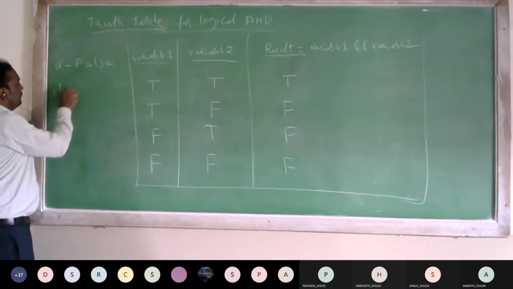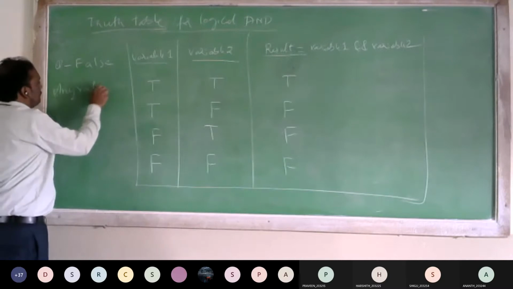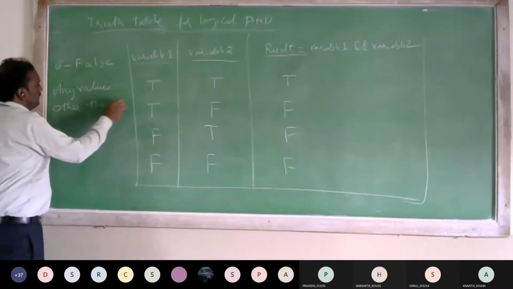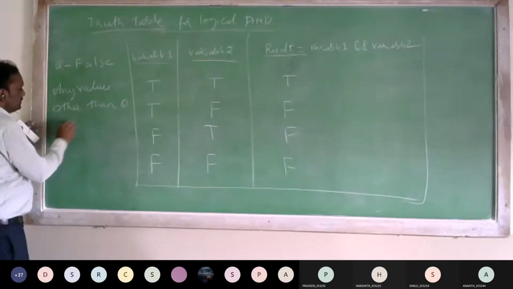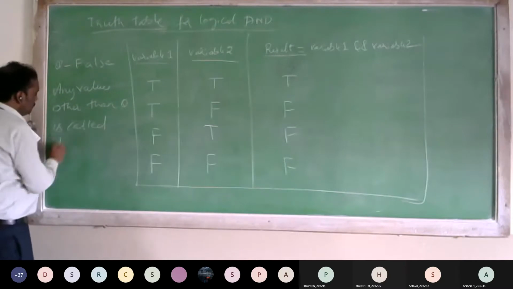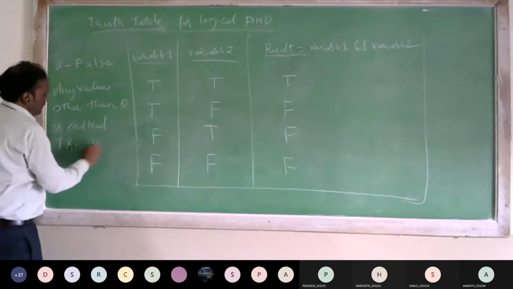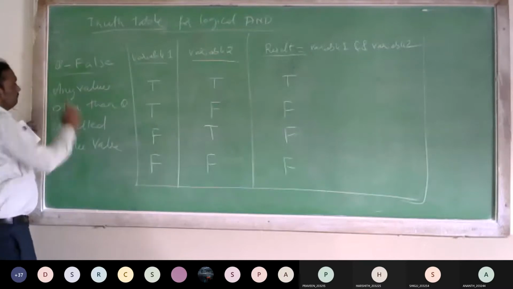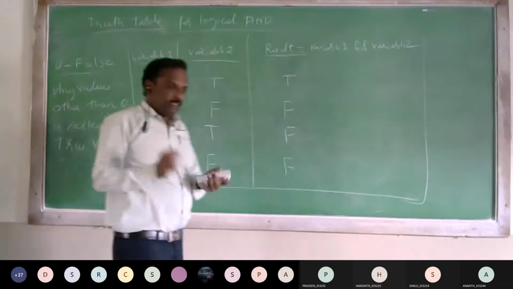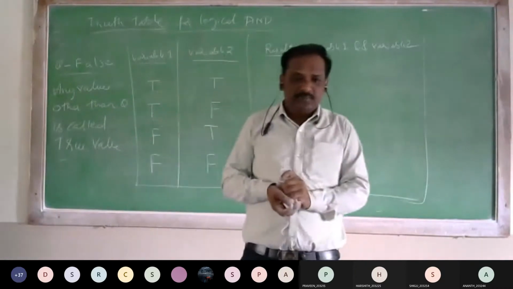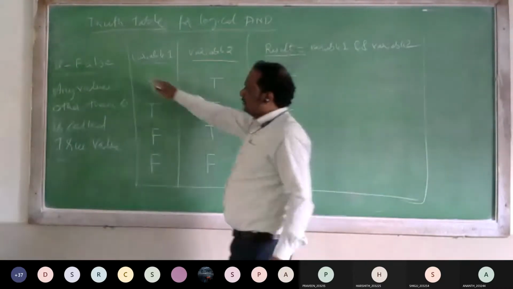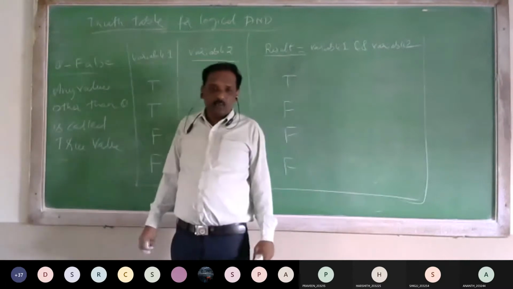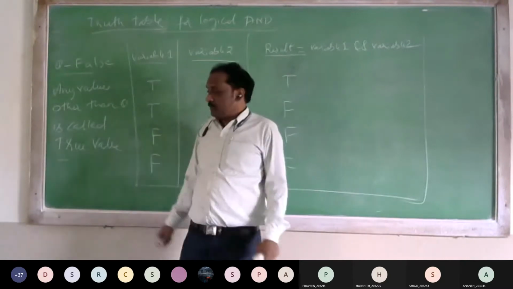Any value other than 0 is called a true value. This is false, this is true. Only 0 denotes the false value. Any value other than 0, we call it a true value.